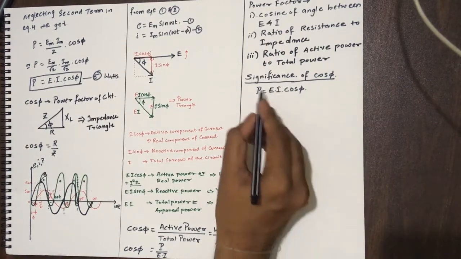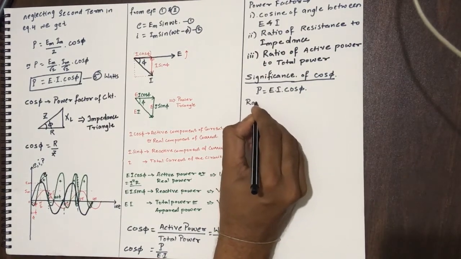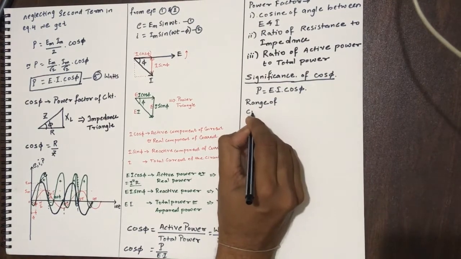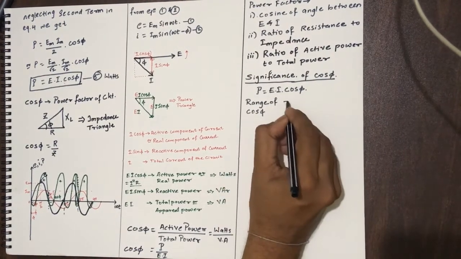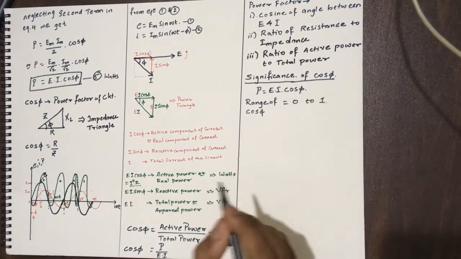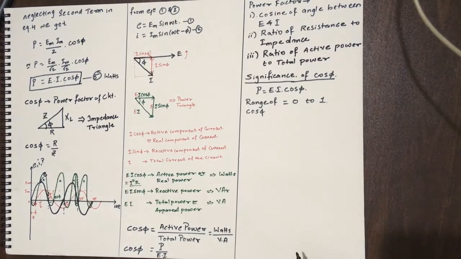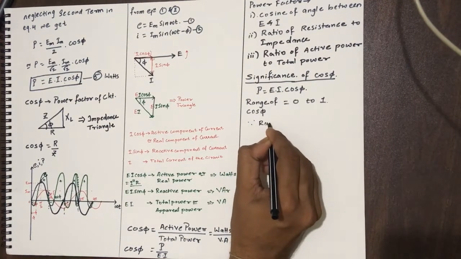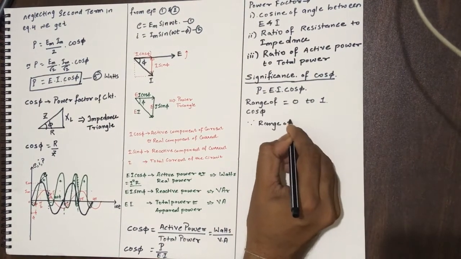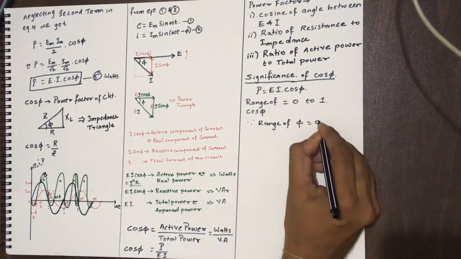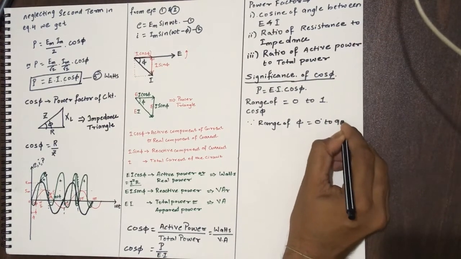So what is the range of cos phi? Range of cos phi is equal to 0 to 1. It is strictly from 0 to 1, because the range of phi is equal to 0 degree to 90 degrees.